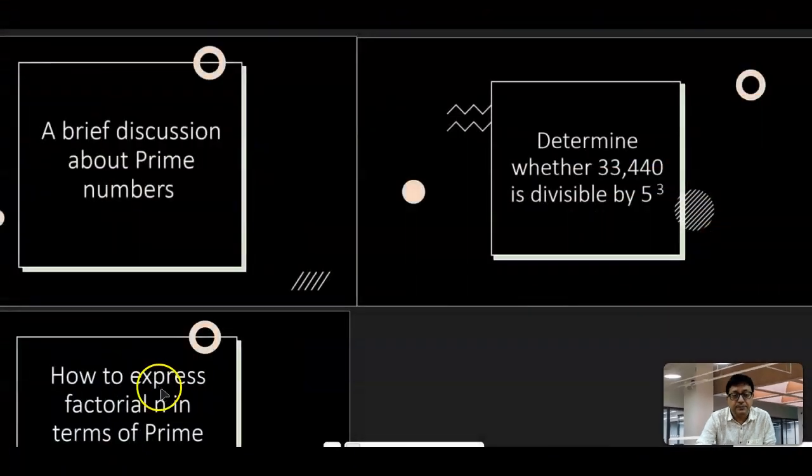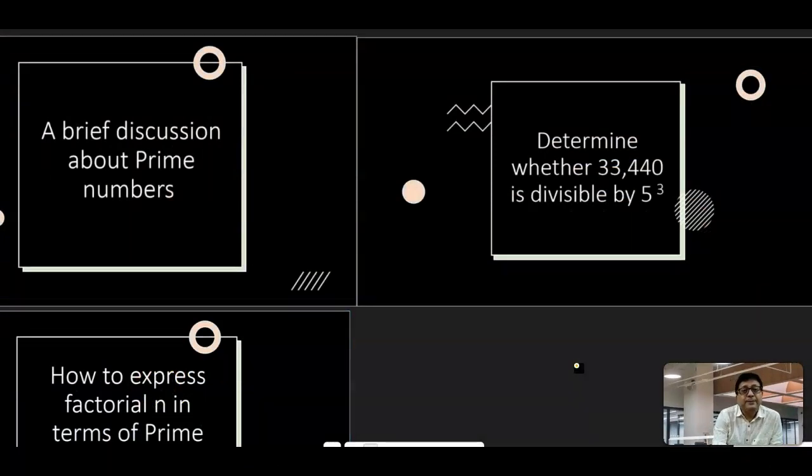Because if there is, say, factorial 6, what is it? 6, 5, 4, 3, 2. See, 2 is repeated in some cases. If you say factorial 7, there also 3 is common in some factors. So a factorial can always be expressed in terms of prime factors. I mean, prime factorization is possible with factorial symbols.